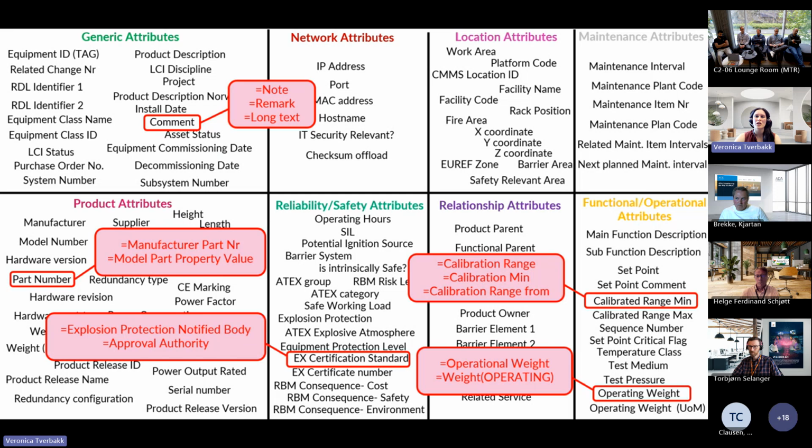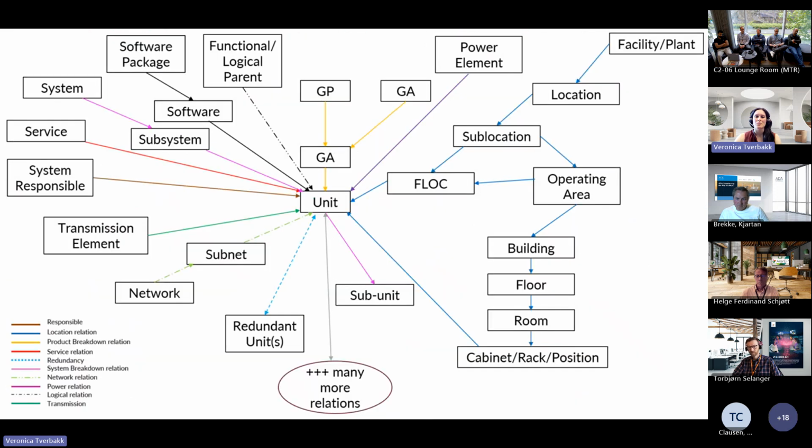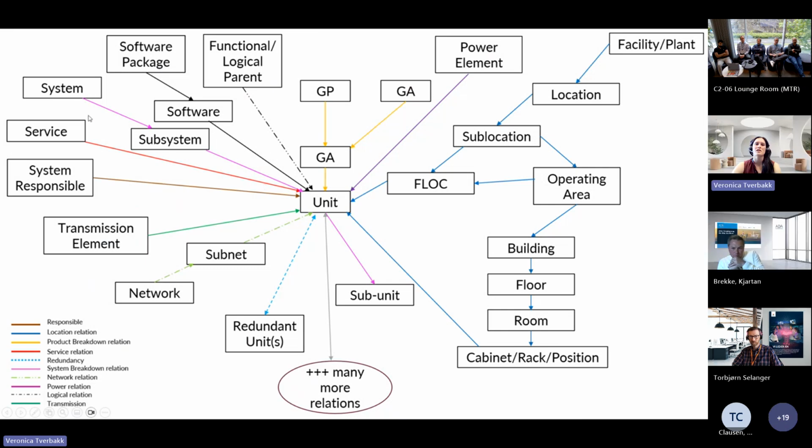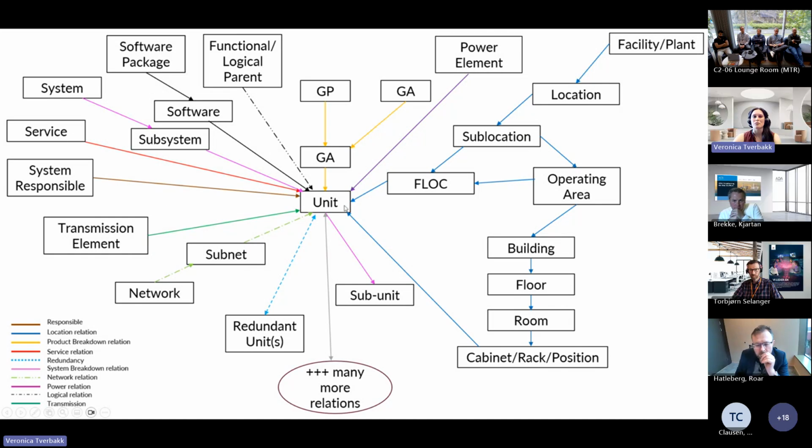In addition to this, we all try to create system breakdown structures. So for example, here in the middle, you have a piece of equipment and you have all these different relations. For example, the generic application of this equipment, the generic product, the functional relations, what kind of software is installed on it, the system breakdown structure, what service is affected if this equipment fails, who should be contacted upon failure, transmission, and this is across industries, network, redundancy, locations, power.